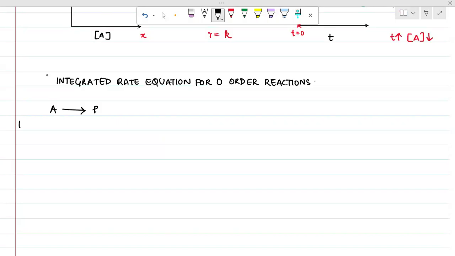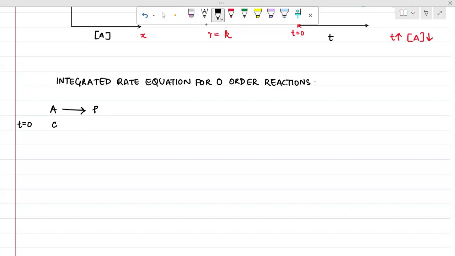At time t is equal to 0, the initial concentration of the reactant that you have is, let's say, small letter a. Now it depends. Certain questioners will put the initial concentration as a, certain questioners will put it as C, whatever it is.